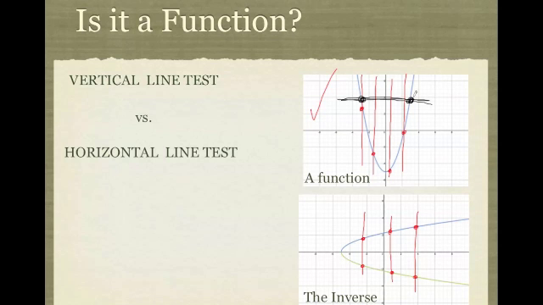And this is sort of a quick check. Without having to graph the inverse, you can just do the horizontal line test on the original function. If the original function fails the horizontal line test, then you know the inverse is not a function.